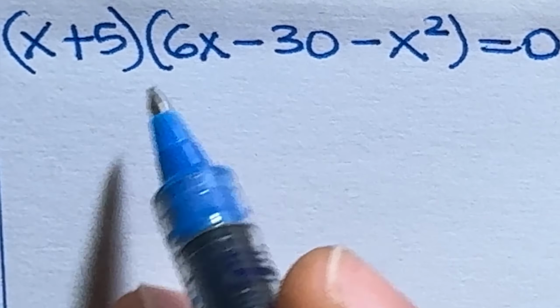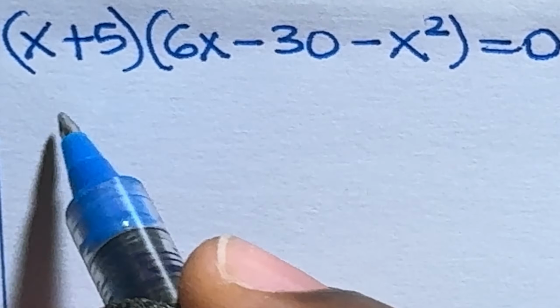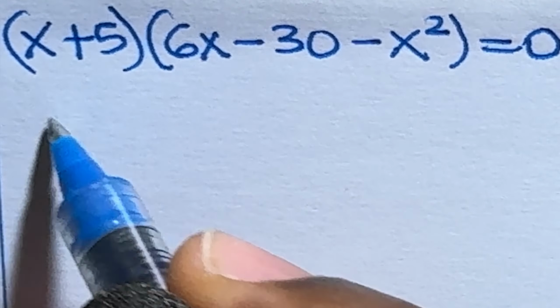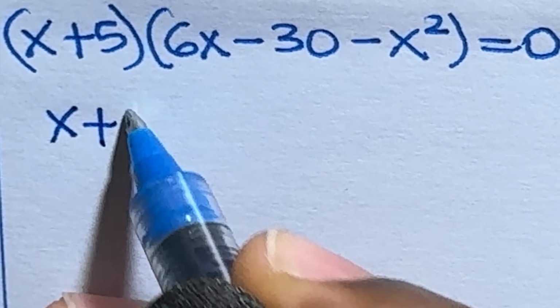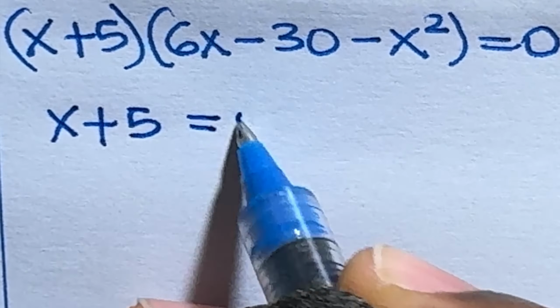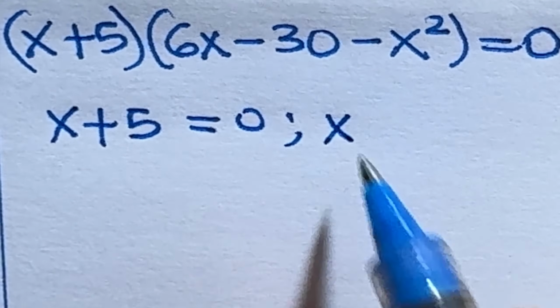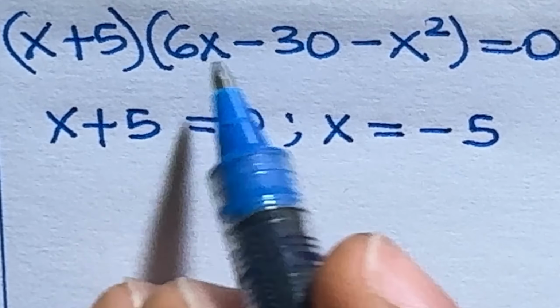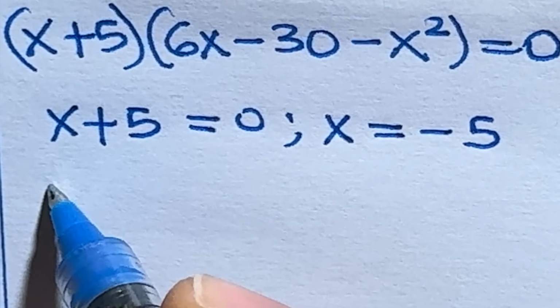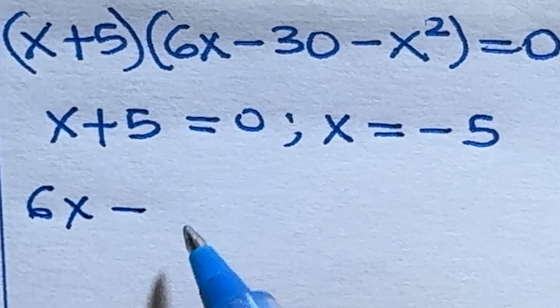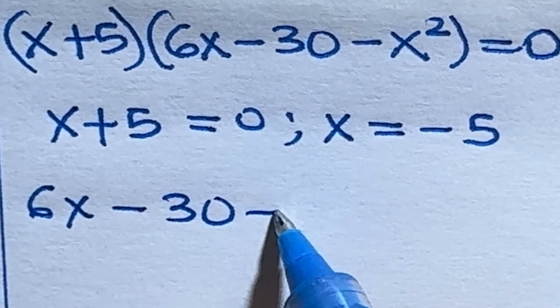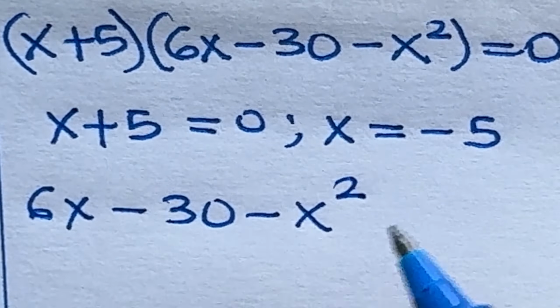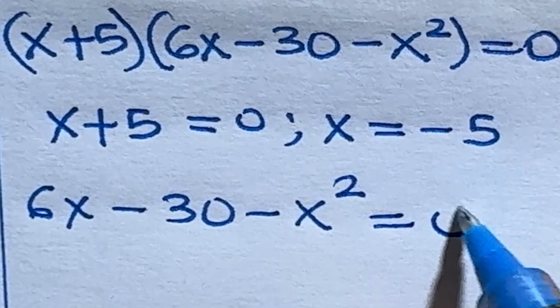So from here we can then say this implies that x plus 5 is equal to 0, which means that x here is equal to negative 5, and then it also means that 6x minus 30 minus x squared is equal to 0.